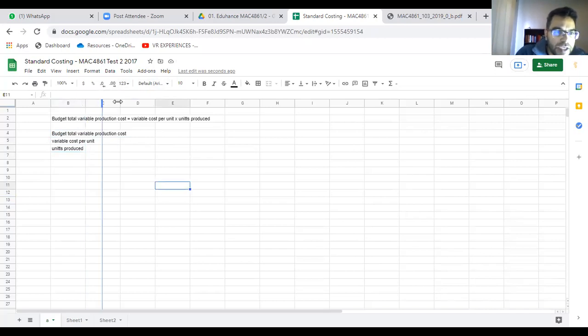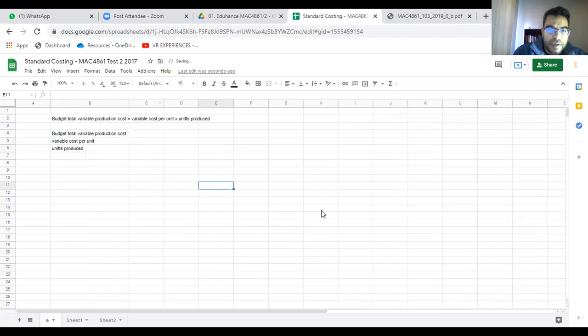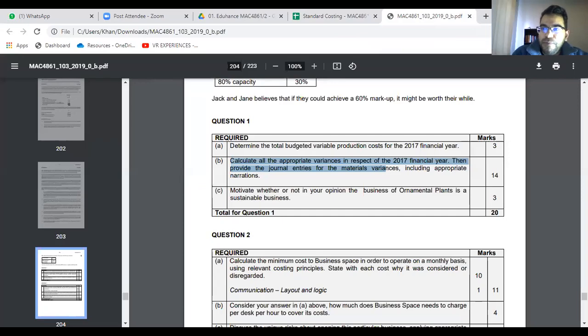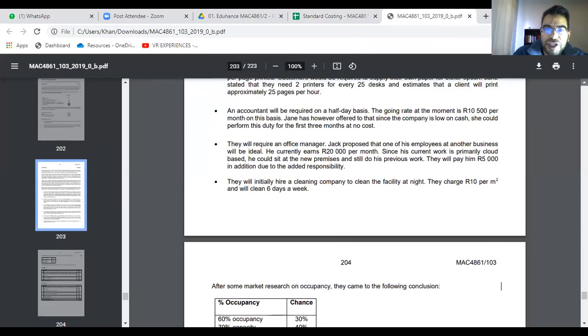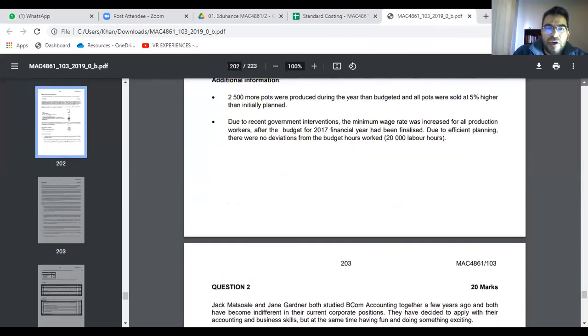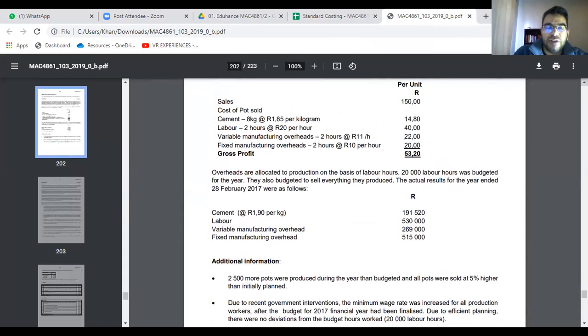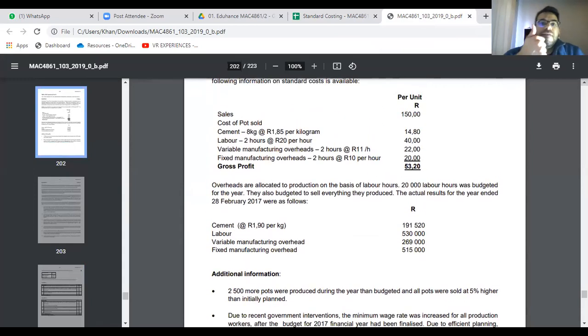Now, the budgeted variable cost, if you go to the scenario, to the standard cost section. Remember you must distinguish between variable costs, variable manufacturing costs, prime costs, and conversion costs. Prime costs: direct material plus direct labor.